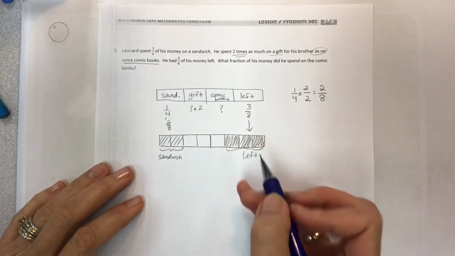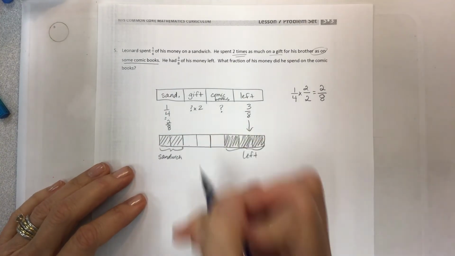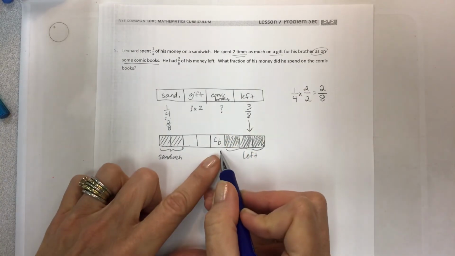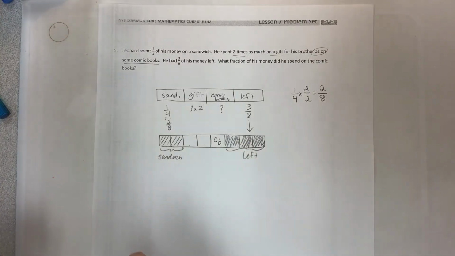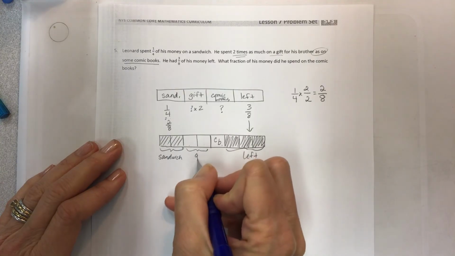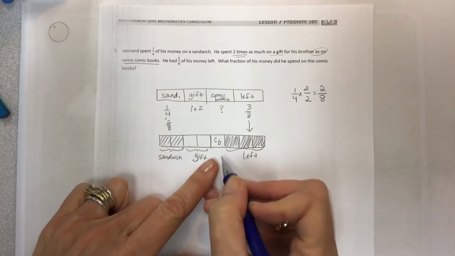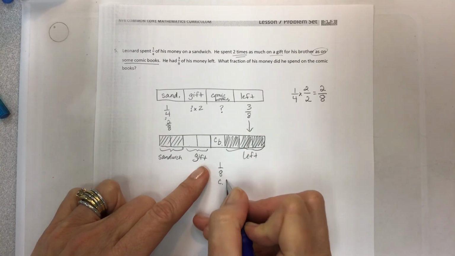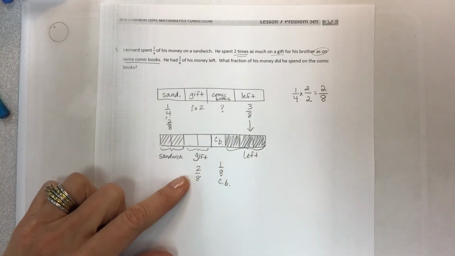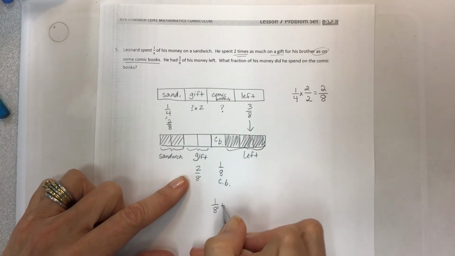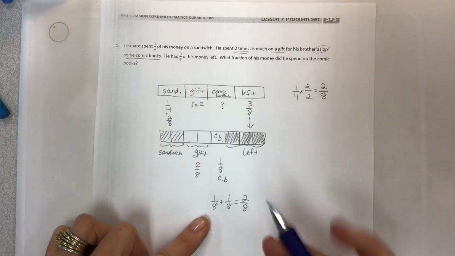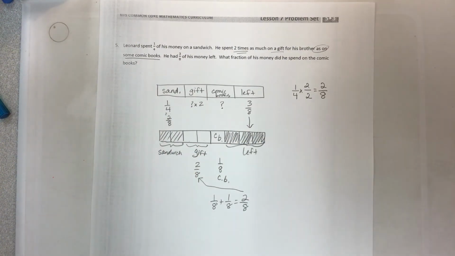Well, we have the actual 1, 2, 3 pieces left. If the comic books are 1, then the gift is double that. Then the gift would be 2. Comic books are 1/8. The gift would be 2/8 because it's twice as much. Remember, twice as much would give you double that. Okay, so 2/8 is the gift.